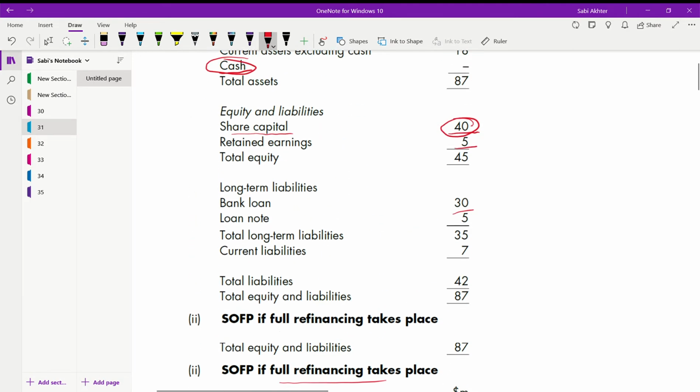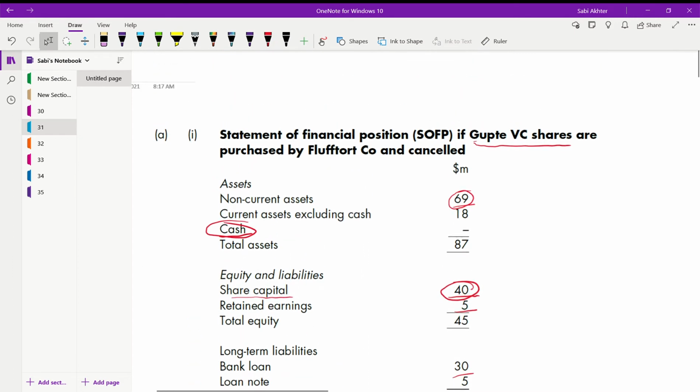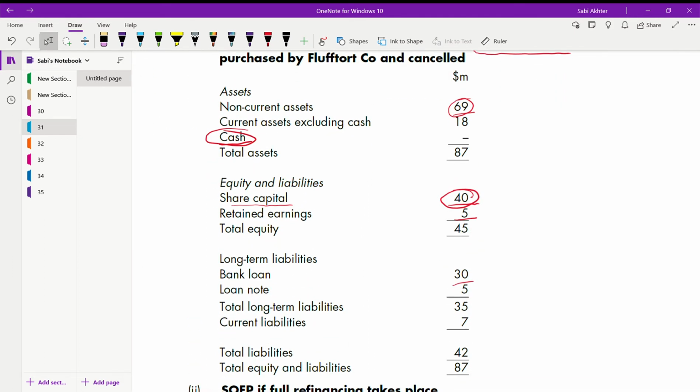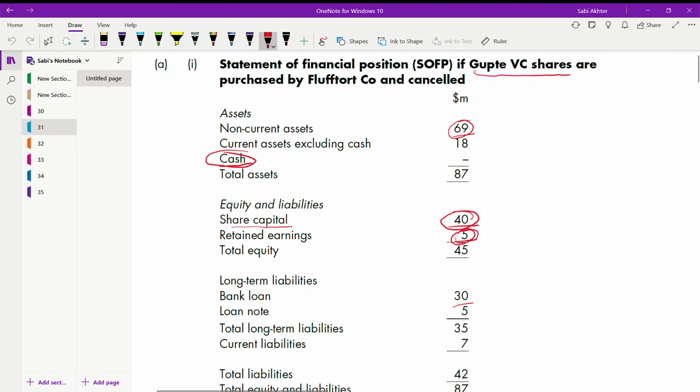Shares will change, and what else will change? There's no cash, no impact on cash. And also what is the other thing? Retained earnings. Retained earnings and cash, these are the two things which will change. Others, everything will remain the same.